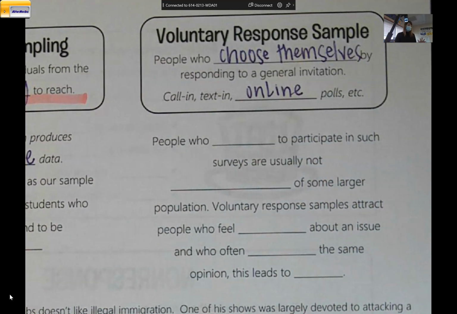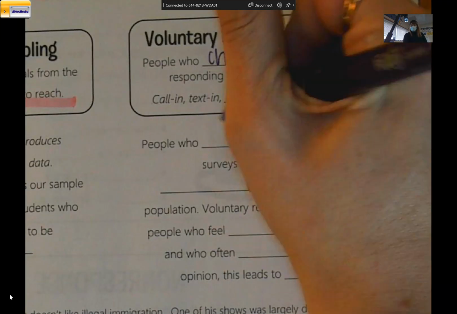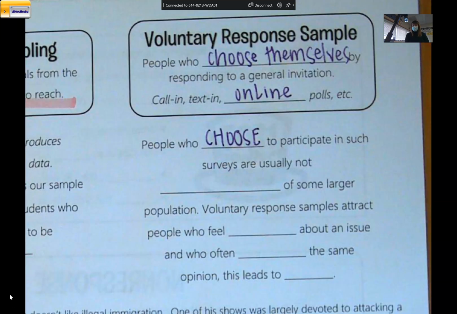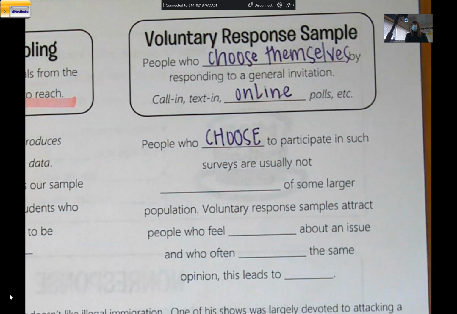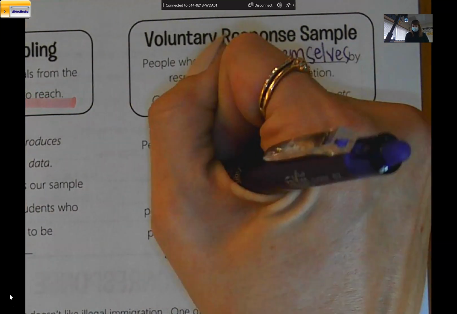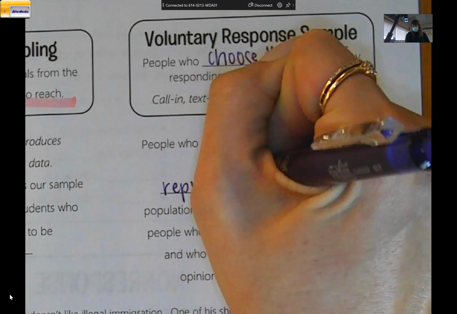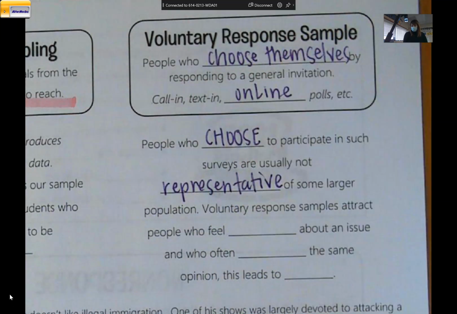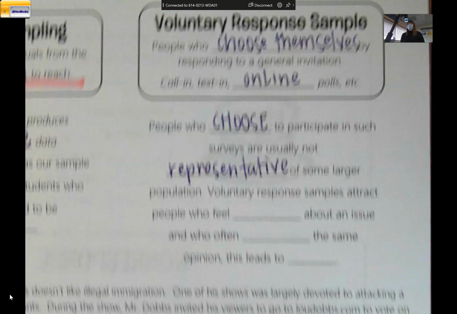So there's actually a problem with these voluntary response samples. People who choose to participate in such surveys are usually not representative of some larger population.